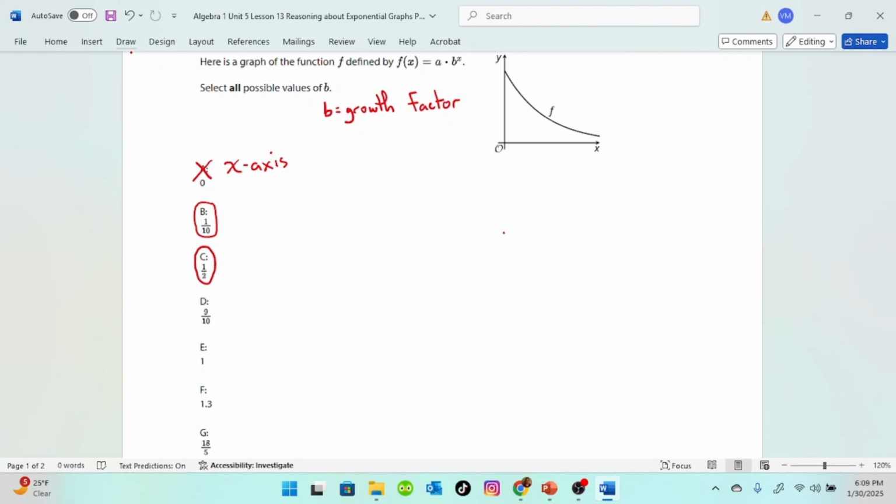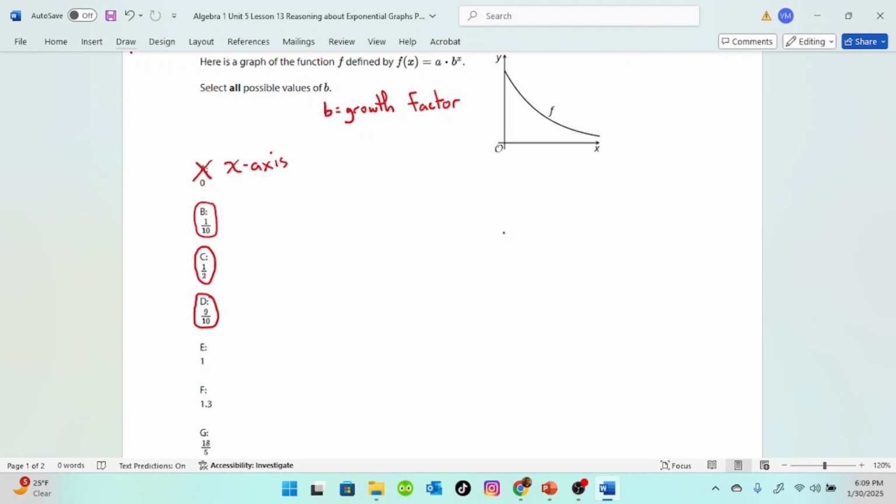The next choice, D, has a growth factor of 9/10. This is less than 1. So if we keep multiplying by 9/10, the y value will keep getting smaller. So this does represent exponential decay. So B, C, and D are all possible solutions so far.